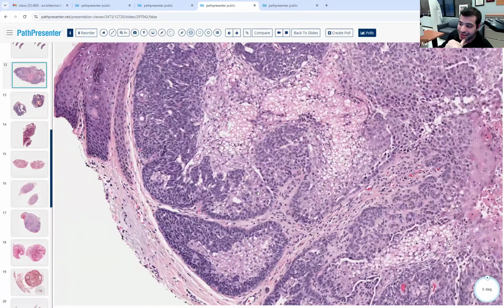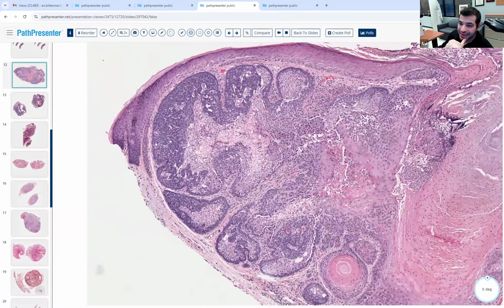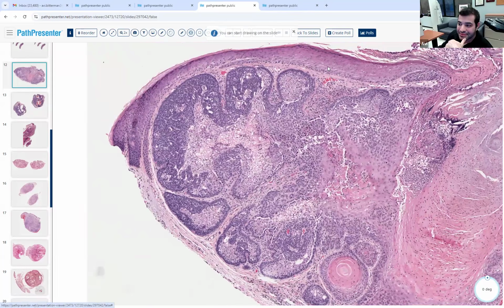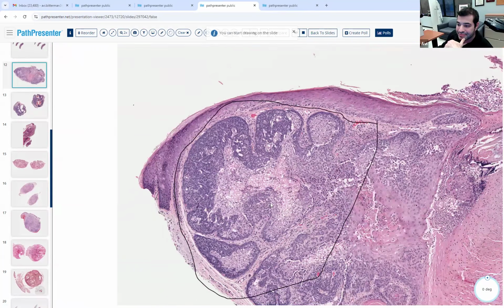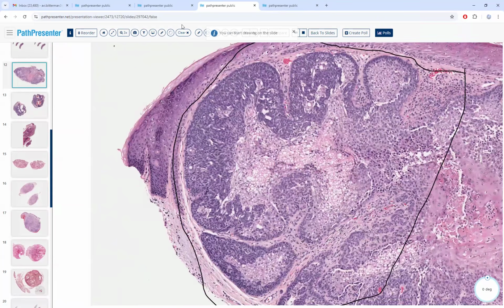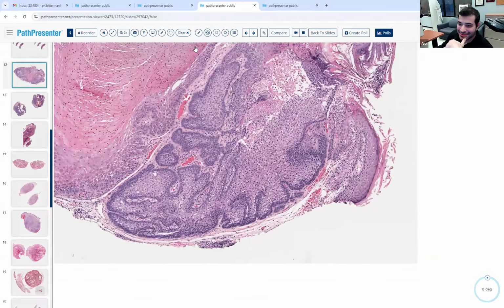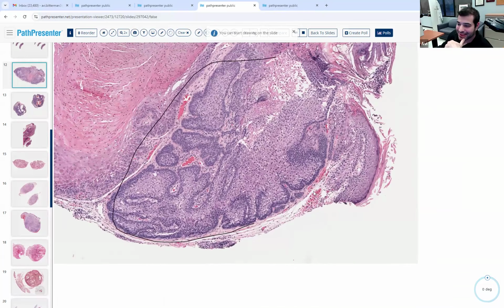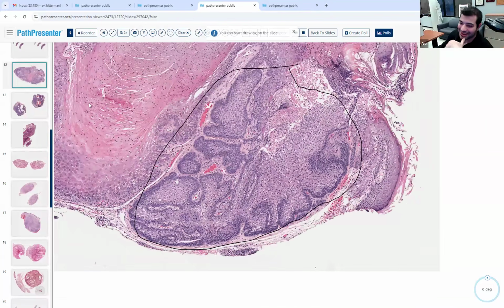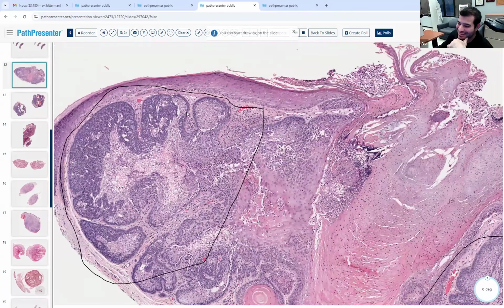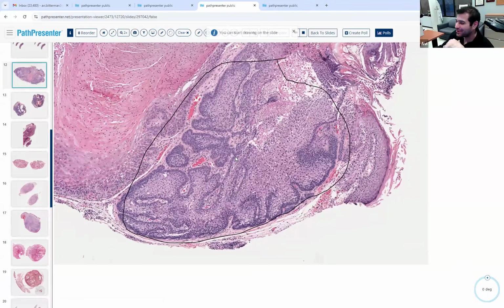If you just saw this area, what would you call this sebaceous neoplasm? Sebaceous adenoma. And if you just saw this area, what would you call the sebaceous neoplasm? Remember, if I'm asking you the second one, it doesn't mean you got the first one right.